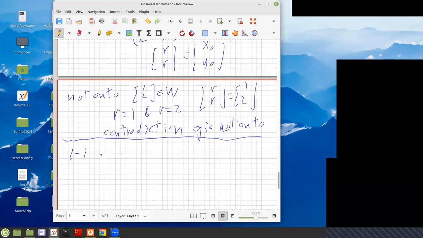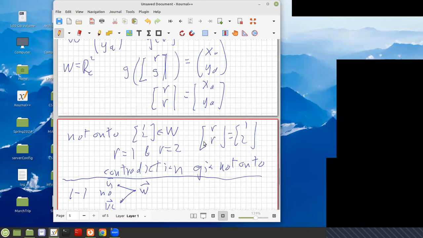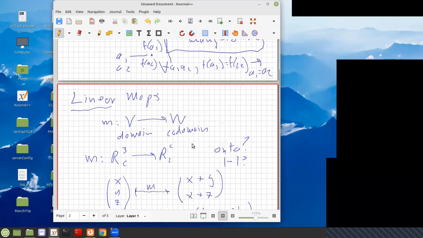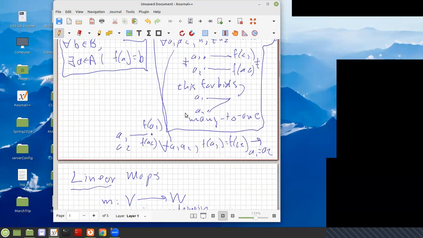One-to-one means no things like this: V1 not equal to V2 going to the same W. So we can go back and choose which form we'd like to do of the one-to-one condition. Let's go back up there at the very top and see, here's one-to-one. And it's this positive one where it says that if the images are the same, then the domain elements have to be the same.